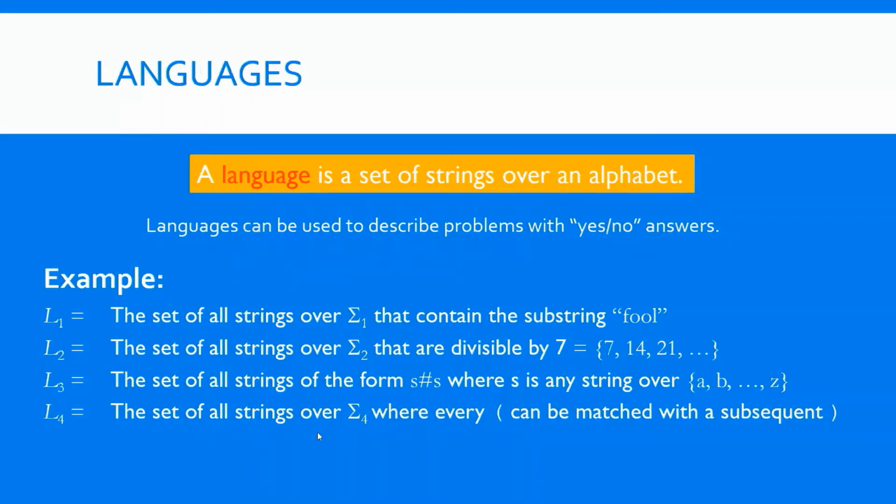All such strings over that alphabet sigma 4, where every left parenthesis can be matched with a subsequent right parenthesis. So my question is, design a finite automaton or any automaton. Of course, in our next classes we will be discussing pushdown automata and Turing machines.